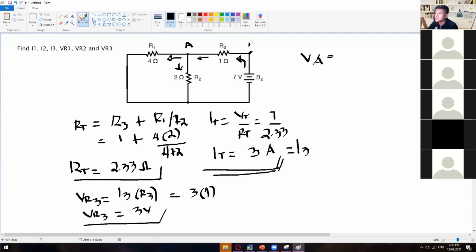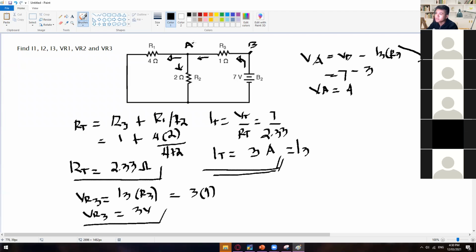Let's just say this one is VB. So VB minus the voltage drop across this resistor, which is I3 times R3. Wherein our VB is of course still 7 volts, and then our voltage drop across this R3 is this VR3, so 3 volts. So V sub A is equal to 4 volts.